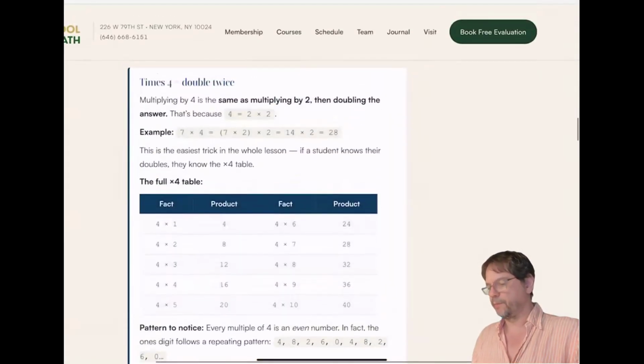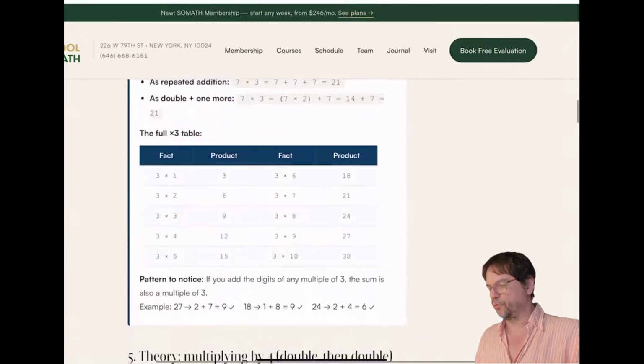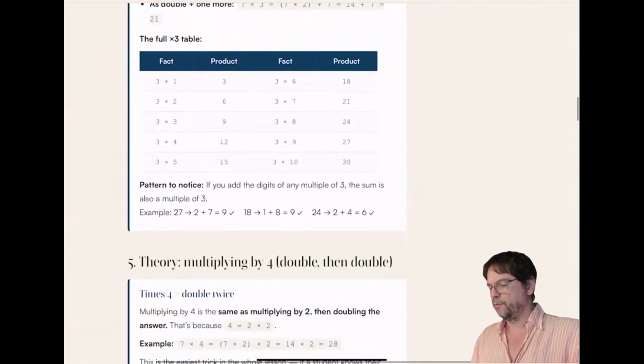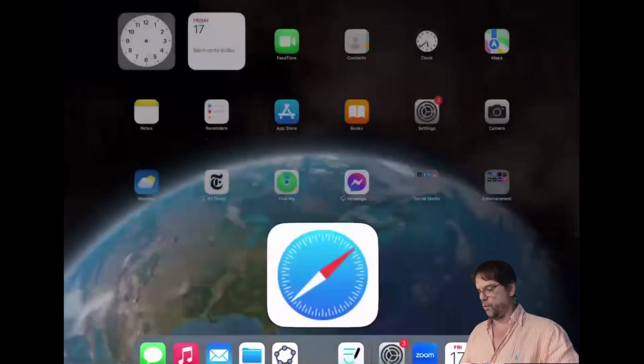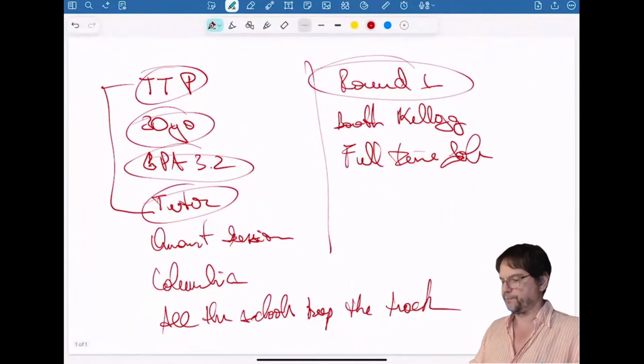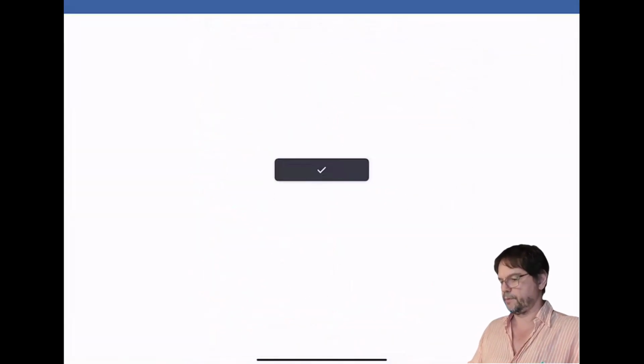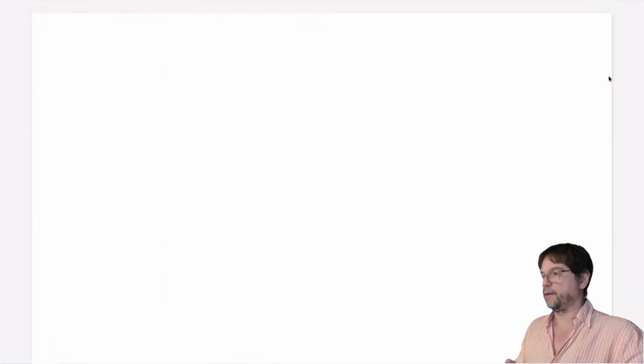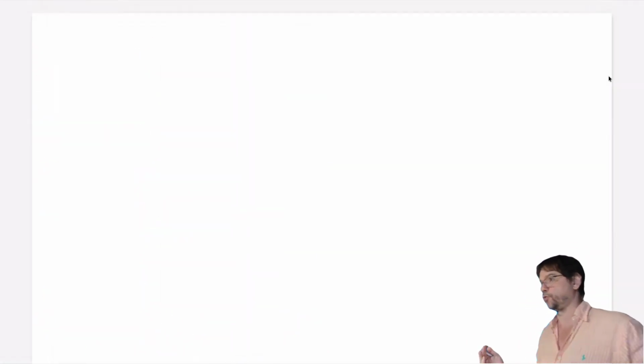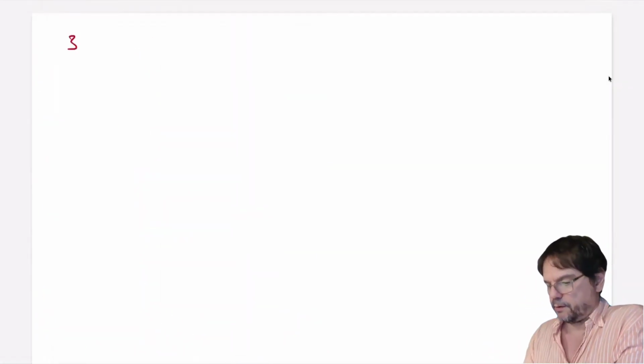Before continuing, I would like to go back to 3. Let me open a new page to show you something about multiples of 3. Okay.